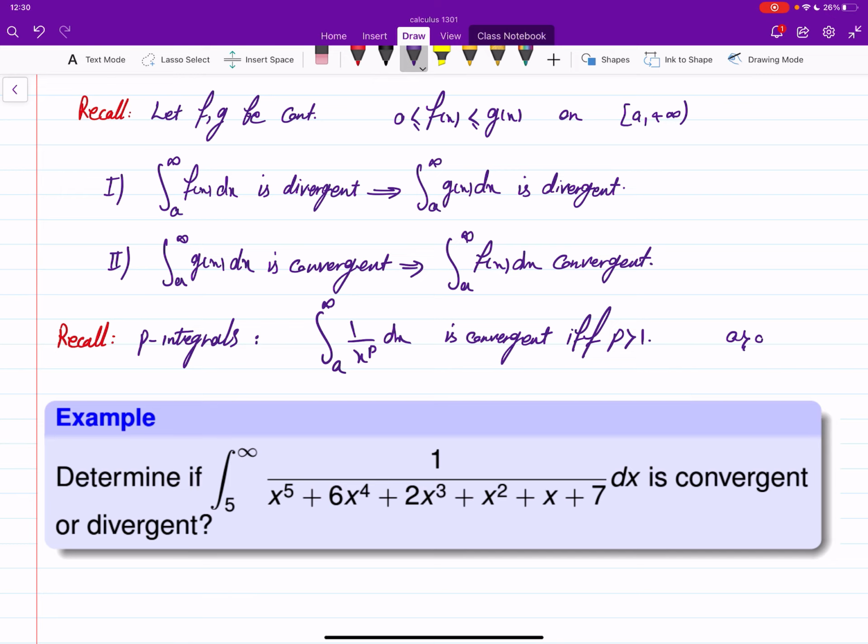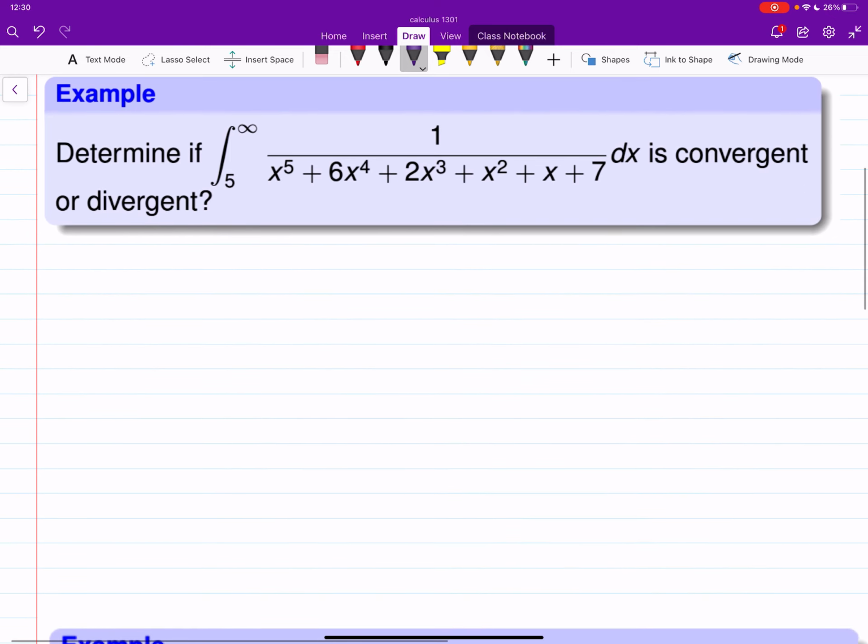Okay, let's see the examples here. So we have this strange rational function and we want to see if the improper integral of that is convergent or not. Well, don't try to evaluate that one because that's out of scope for us.